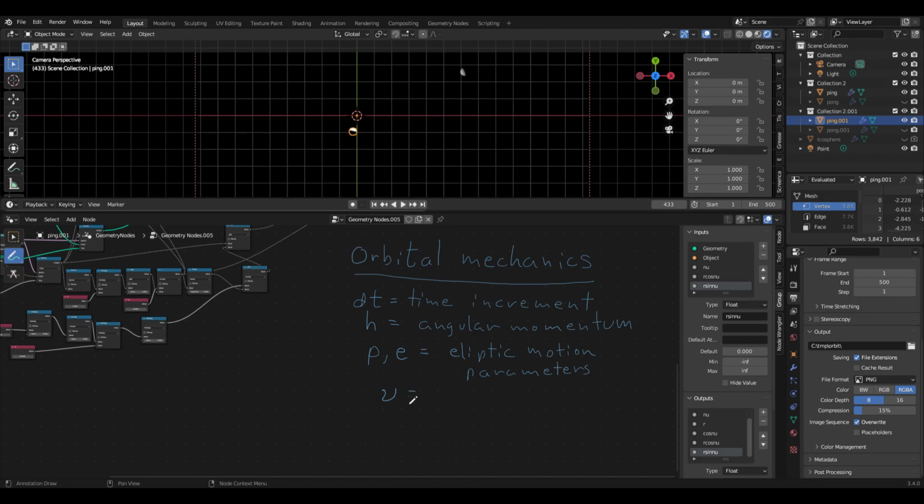You have some angular momentum, and this is all derived from the general equation of like two bodies. So you have the gravitational constant times the mass of each divided by the distance between them as parameters in the equation.